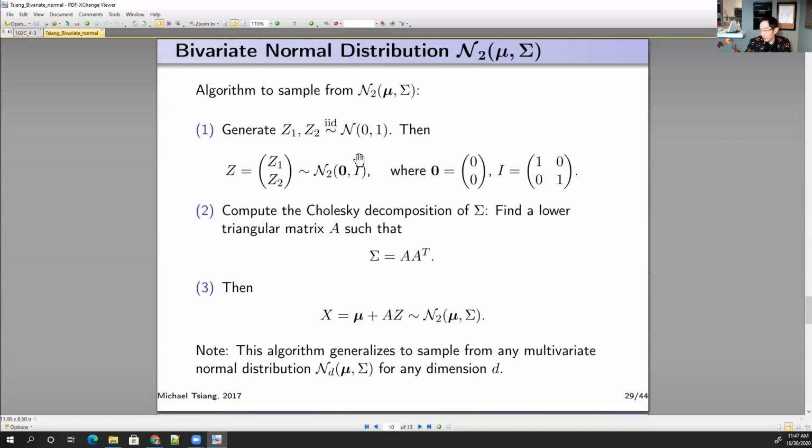And so that's the algorithm. Generate 2 random normal values from the standard normal, then figure out the Cholesky decomposition of your desired covariance matrix, and then you set X equal to your mean vector mu plus A times Z.